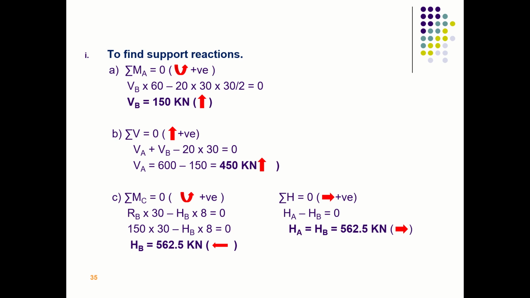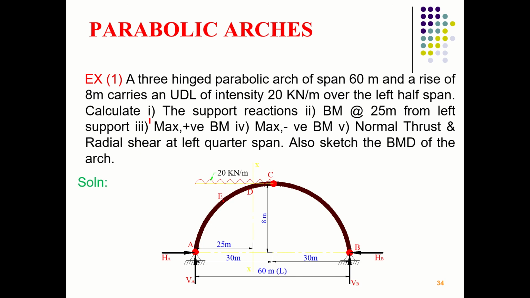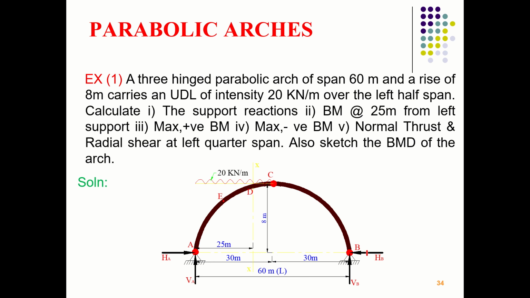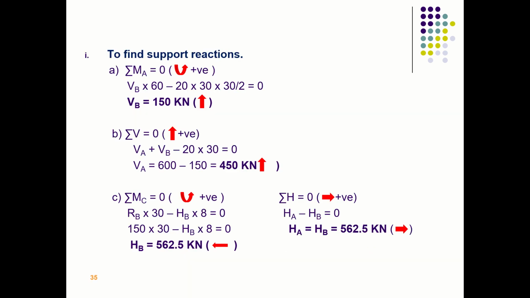Now step number 1 is to find the support reactions using the equilibrium equation, summation of moment about A. This is your point A, which is a hinge, and the moment should be 0 about this point, right. So VB into 60 minus 20 into 30 into 30 divided by 2. See, only VB is acting because HB is also passing through this point, and the 20 kilonewton is acting on it.